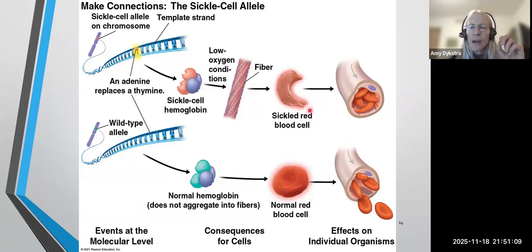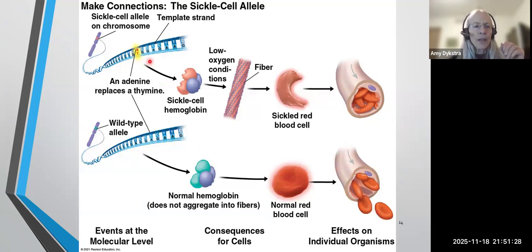And these sickled cells are inflexible and they can get clogged in arteries, and this can cause a lot of pain and it can be fatal. But normal red blood cells are much more flexible and they can pass through arteries and veins more easily.